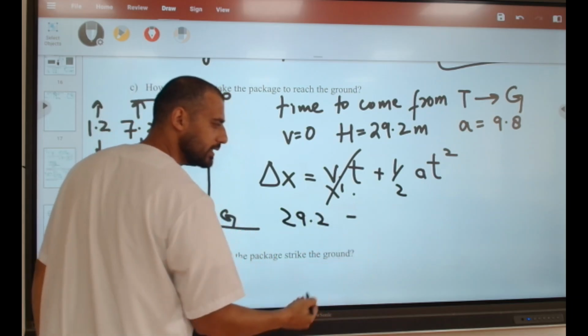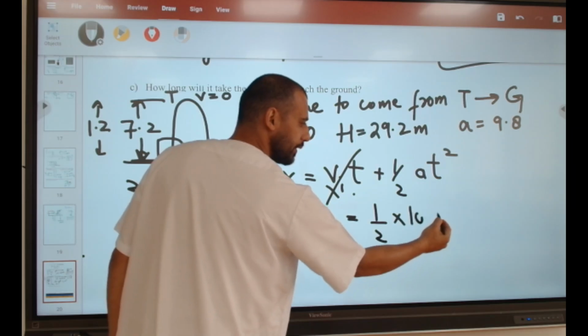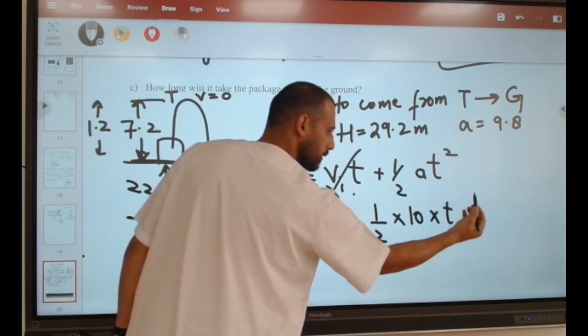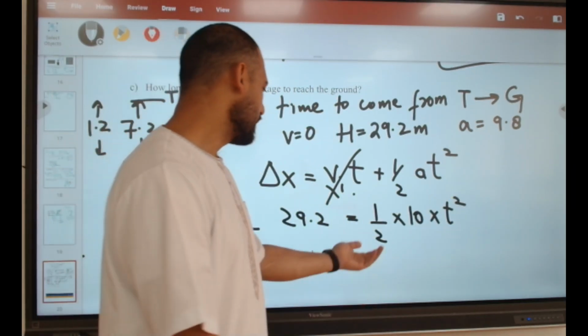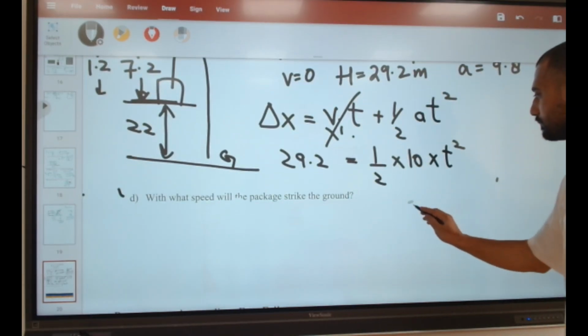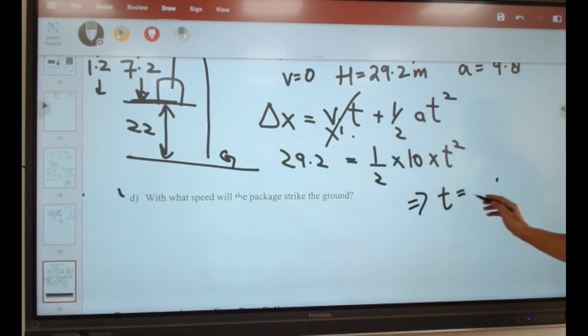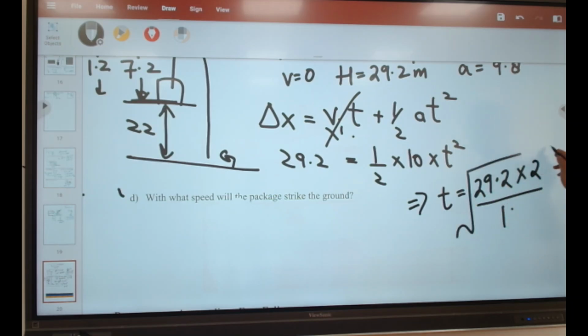That would be equal to half of acceleration multiplied by time squared. So we'll find the time. Time would be 29.2 multiplied by 2 over 10, and then you take its square root. Is that fine? Clear?